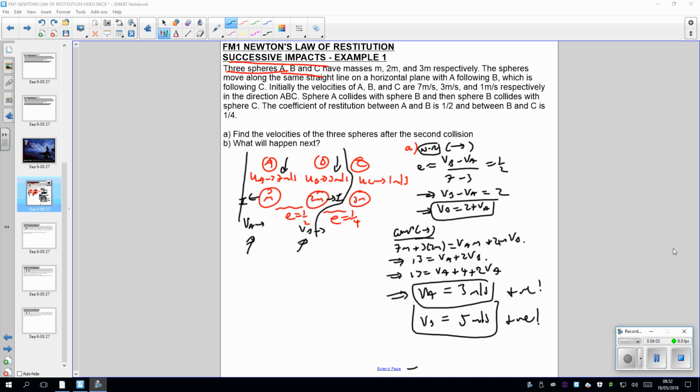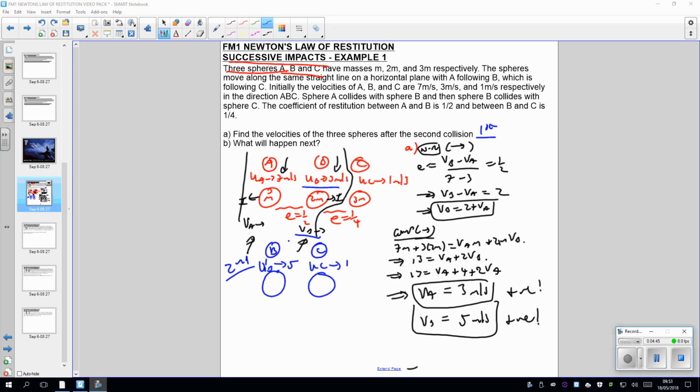But we want to know what happens on the second collision. So that was the first, and now I would write second. We're going to need a clean diagram here, with our new information. What's happening is that VB has now become UB for when it hits C. So, a new clean diagram between B and C. I'd call that UB dash, because that's the new value for its starting velocity, and we know that's 5 meters per second.